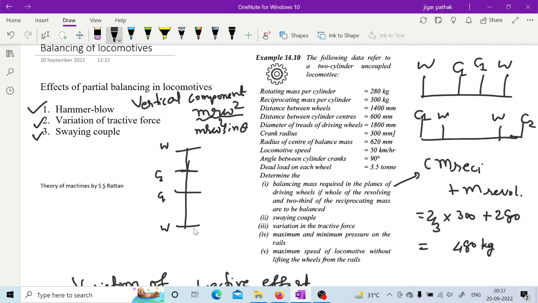So if you consider planes 1, 2, 3, 4, then take 1 as the reference plane and consider that theta 2 is equal to 0 degree, and then you can start with the equilibrium of forces, and calculate first the balancing mass required in plane 4, and then the balancing mass required in plane 1.